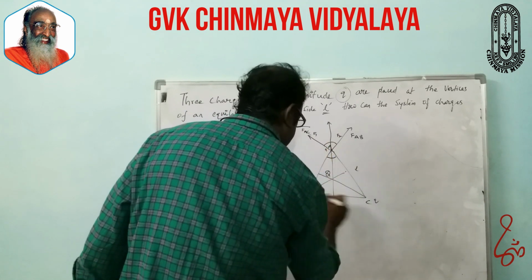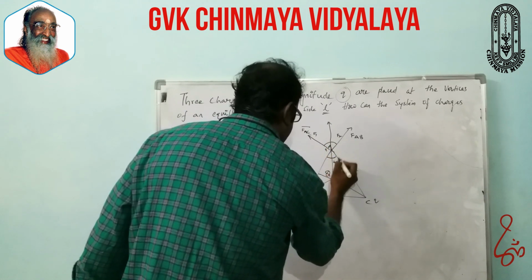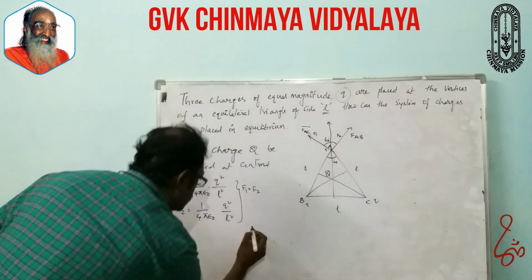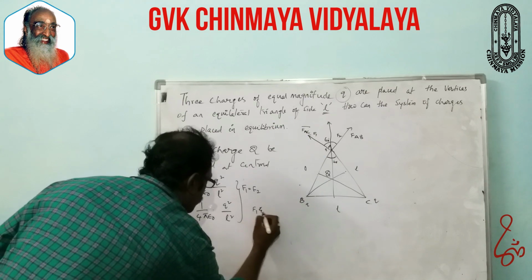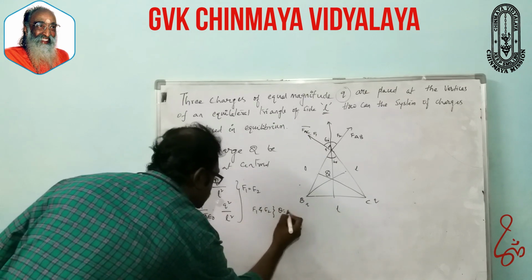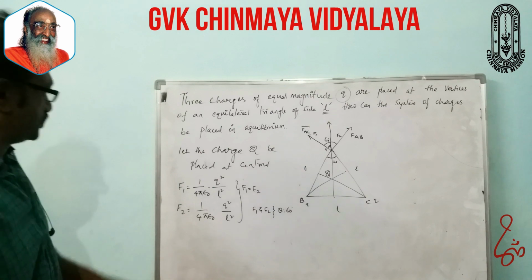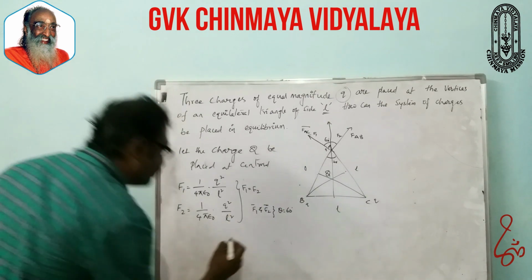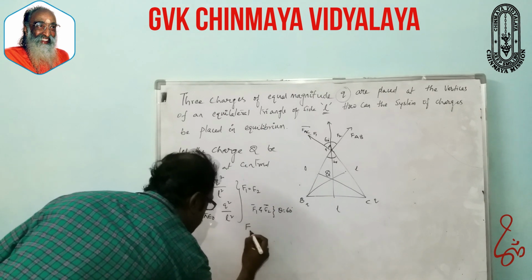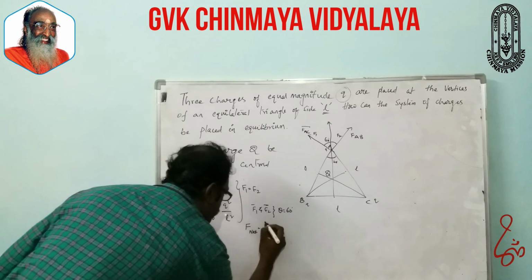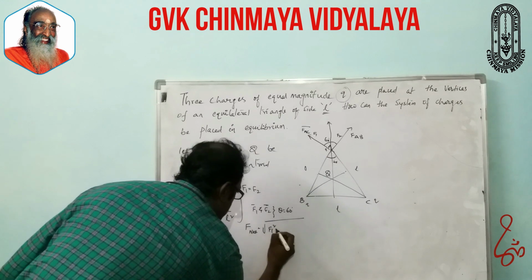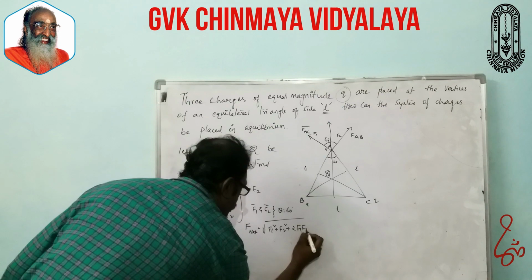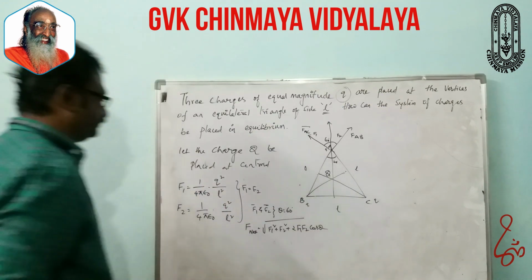In the equilateral triangle this angle is 60, so the angle theta between F1 and F2 is 60 degrees. These are the two vectors F1 and F2 with angle theta. The resultant is given by F net equals square root of F1 square plus F2 square plus 2 F1 F2 cos theta.